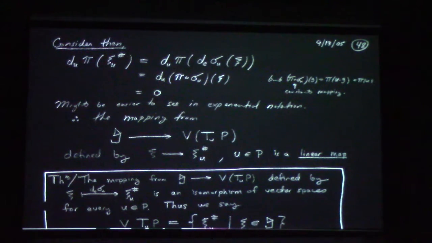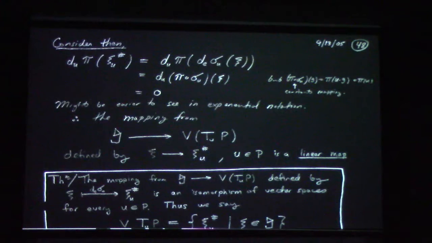And so, in fact, we have a mapping from the Lie algebra g to the vertical tangent space of the principal fiber bundle, which is to say that there's a one-to-one correspondence between the Lie algebra and the vertical tangents at a point of the principal fiber bundle. This is the mapping from g to that, defined by squiggle mapping to squiggle sub u.